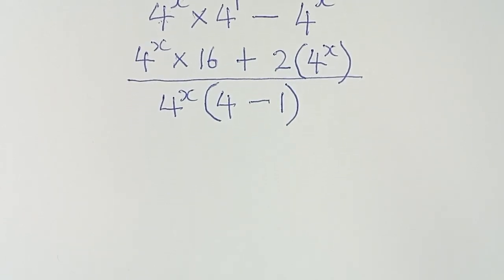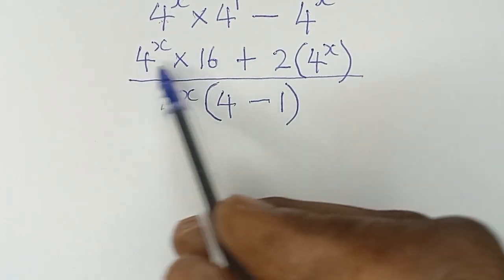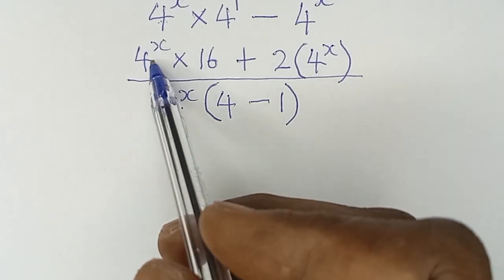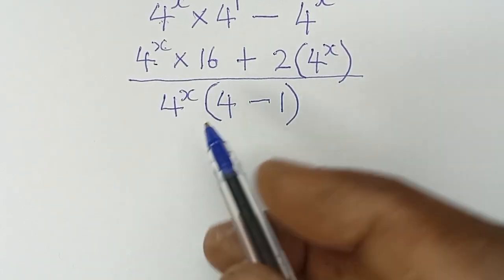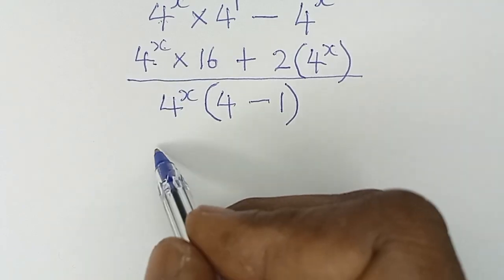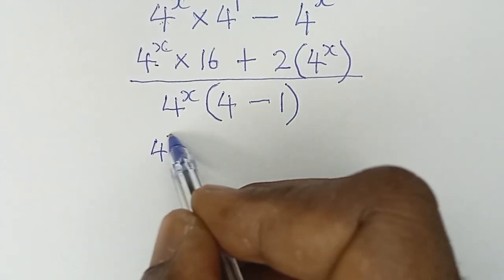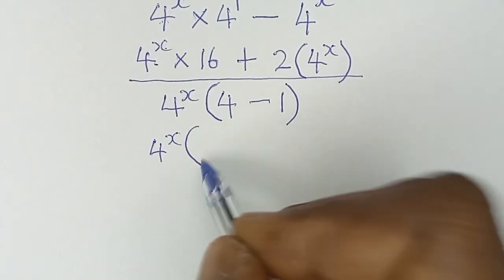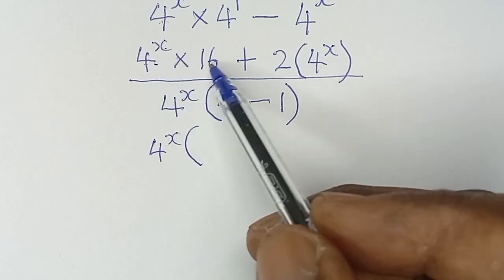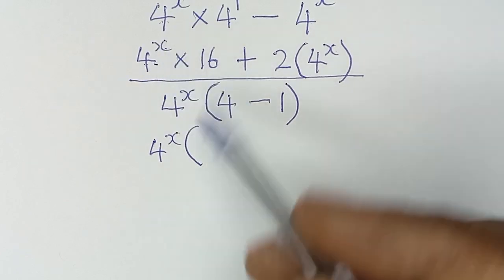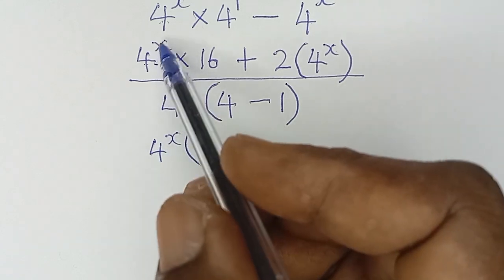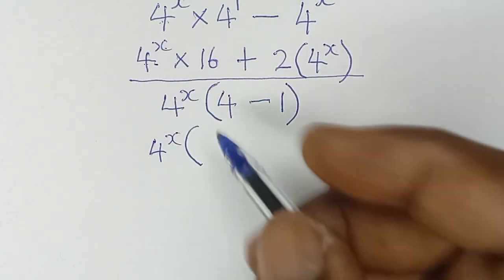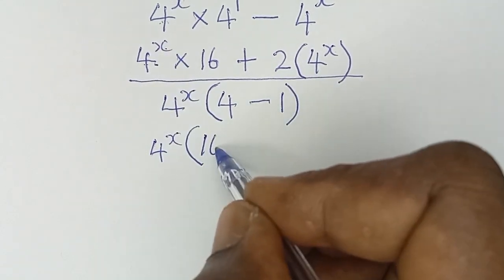And then the next thing I can do here is to look at this numerator again, I can factor this numerator. 4 raised to the power x is common here, and 4 raised to the power x is also common. So I can simply take 4 raised to the power x, open up bracket. So this 16 multiplied by 4 raised to the power x, when I divide it by 4 raised to the power x, we cancel 4 to the power x. So I'll be left with 16 here.